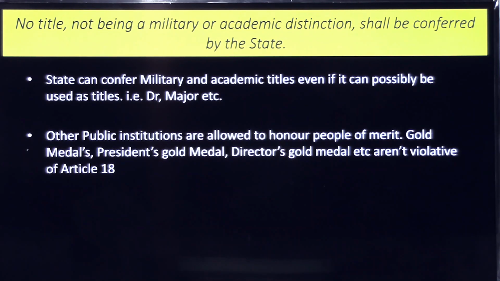That concession is allowed. Private institutions are allowed to honor people for their merit. You will see that IITs and IIMs award the president's medal and the director's gold medal. Those are not in the category of titles, and even if they fall in the category of titles, this concession has been given in clause 18.1 itself.